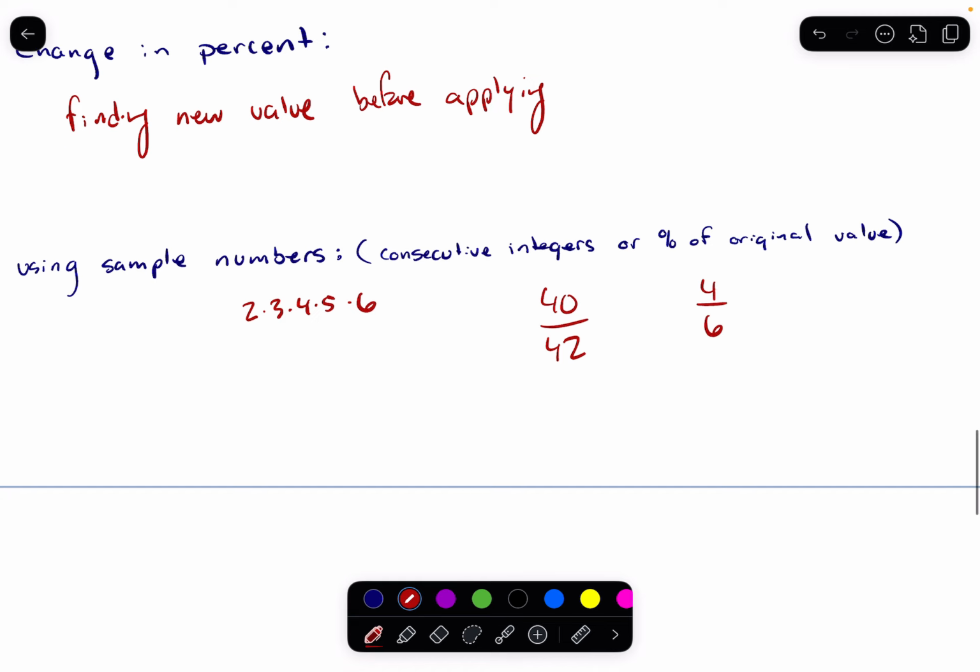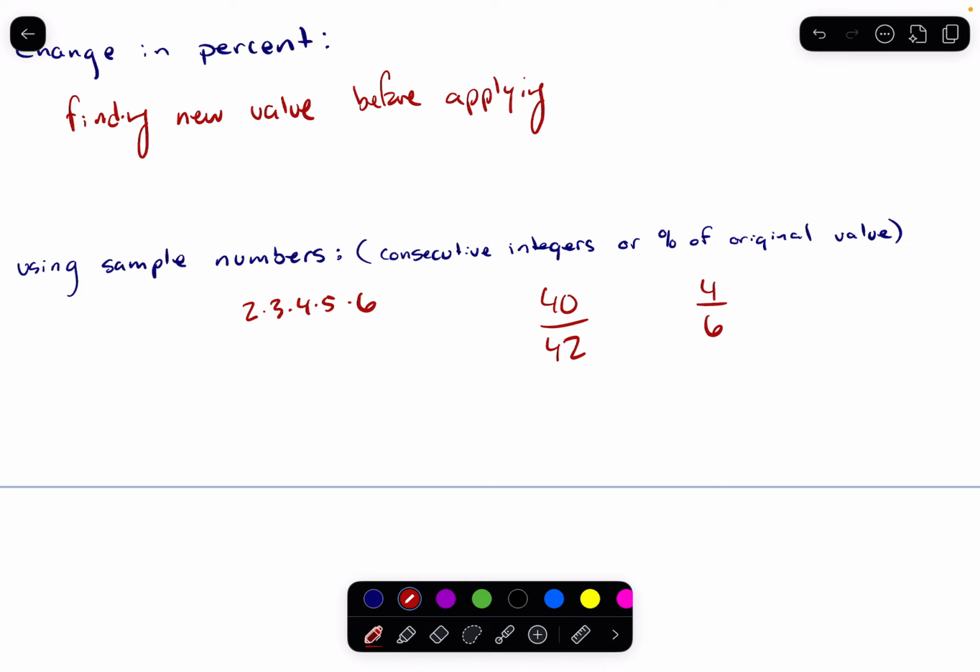If it just says a number is increased or divided or multiplied or added to X, pick a number. Again, I don't like 0, 1, and 2 because they do weird things. If you multiply by 0 or 1, or if you add 0, that weird stuff happens.